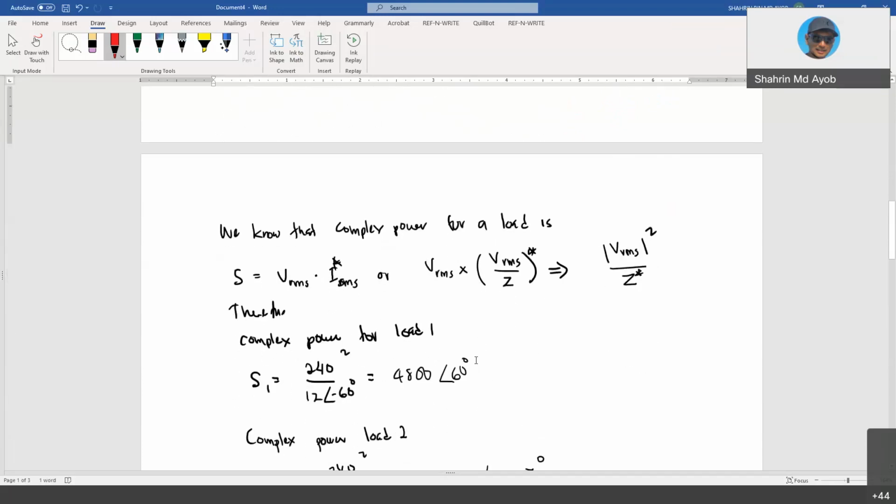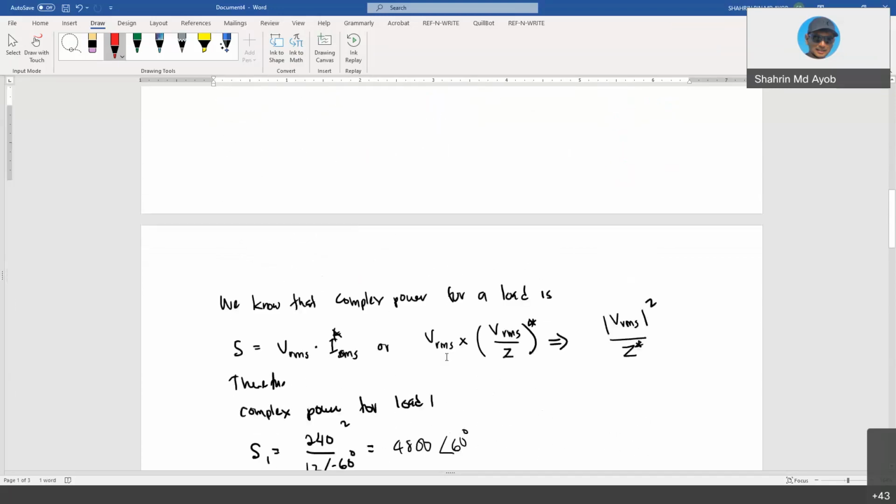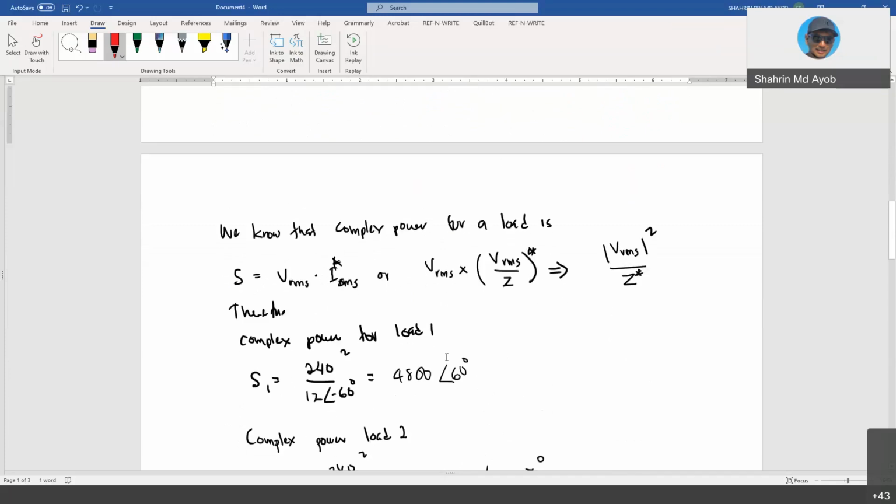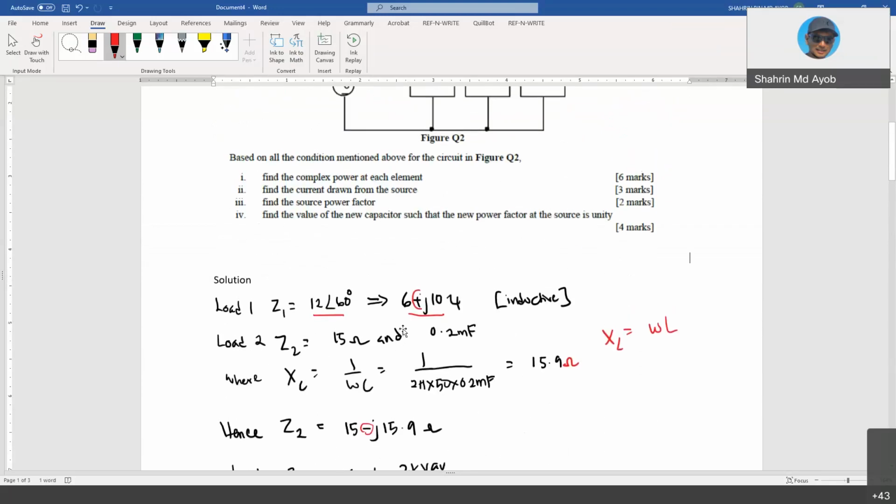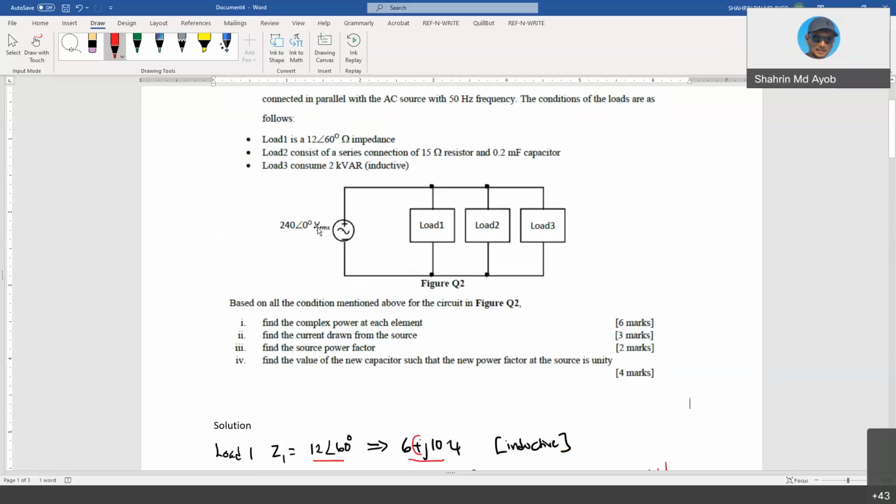So the first question, we need to find the total complex power supplied by the source. Okay, so what you need to do is obtain the complex power of all the loads, load 1, load number 2, and also load number 3. The information given here is the impedance values and also the voltage.